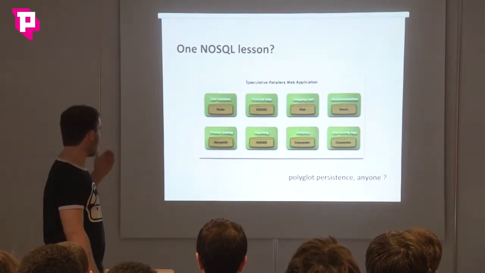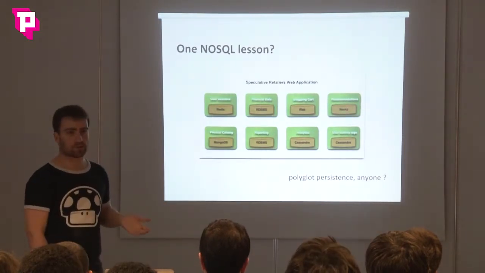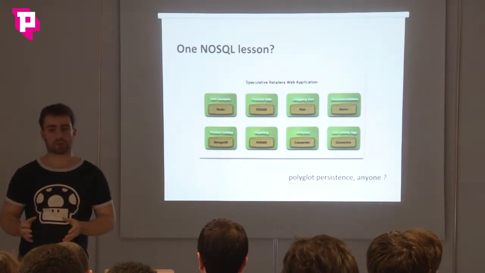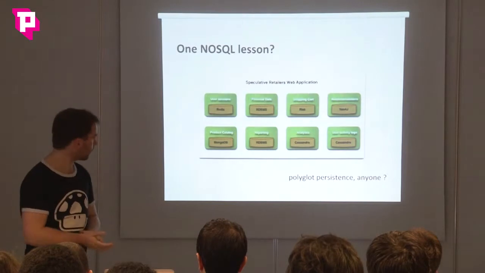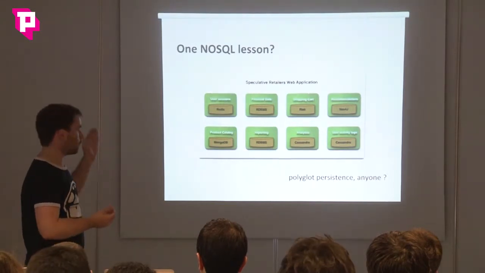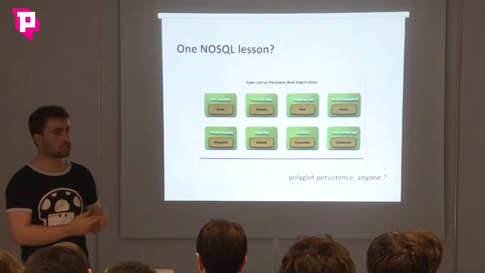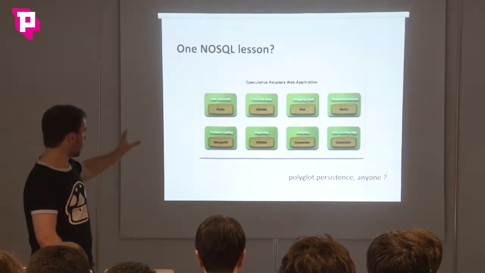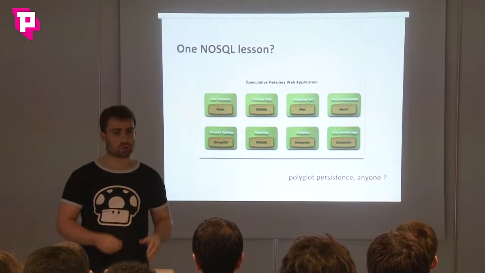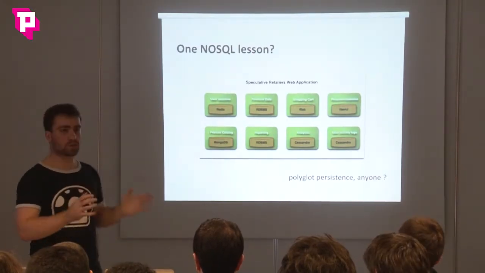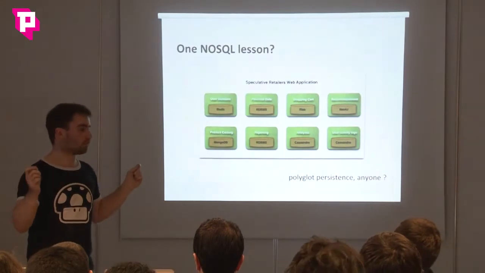We can use MongoDB for a catalog, because it makes sense: we don't need any schema, each product can have its own features. We can use Redis for a cache, a key-value store, very straightforward, very efficient. Recommendation for Neo4j: we just do some graph traversals and apply some business rules. We can imagine lots of scenarios here.